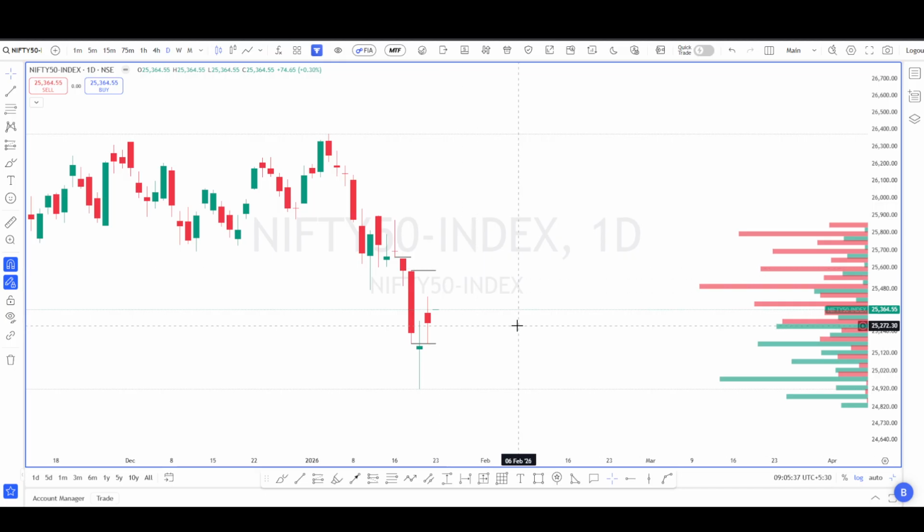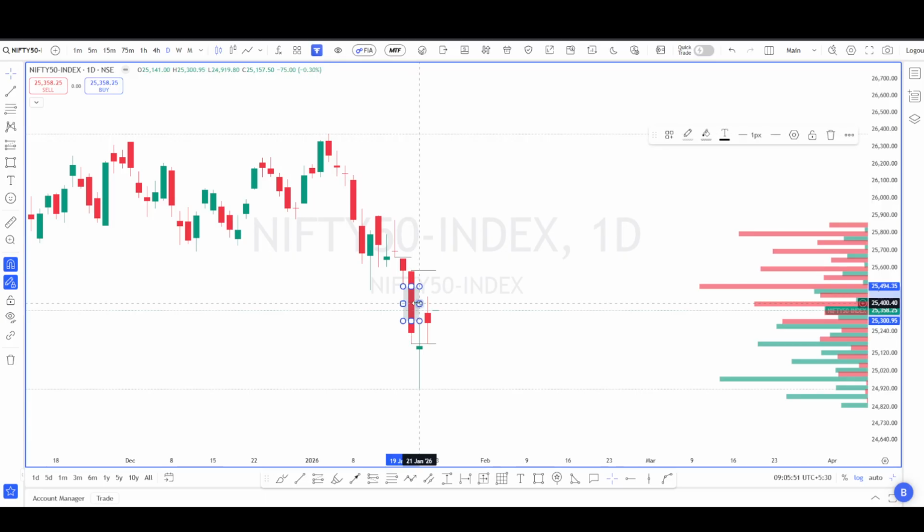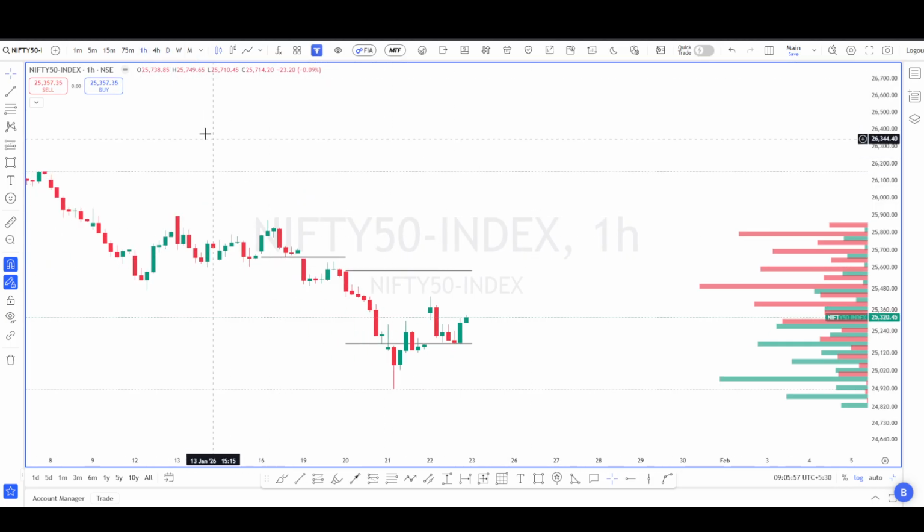Using fair value gap, price can go lower and test this level, which is 24,922.